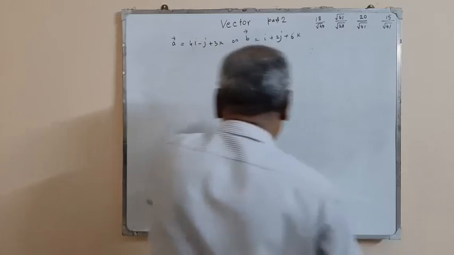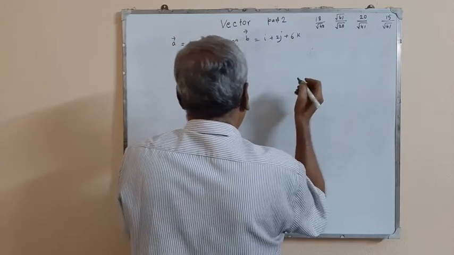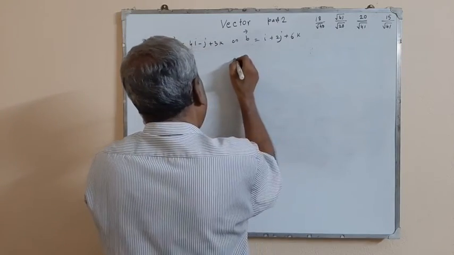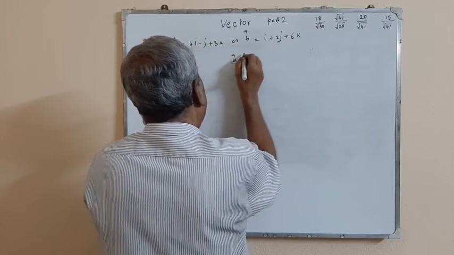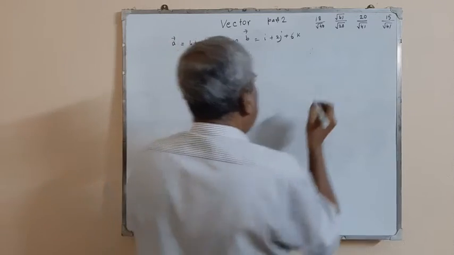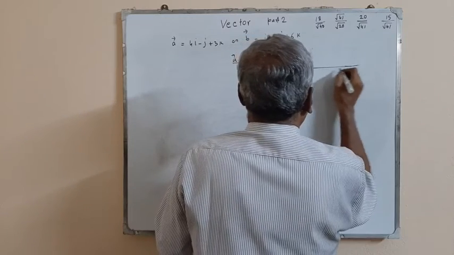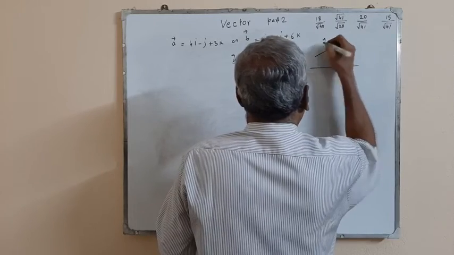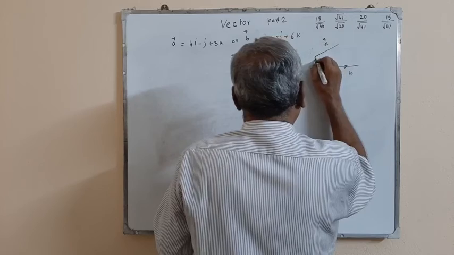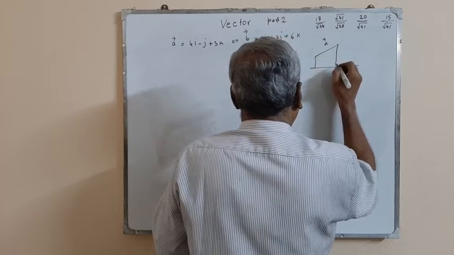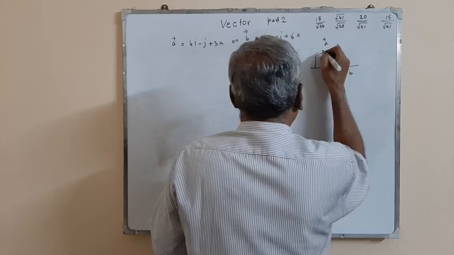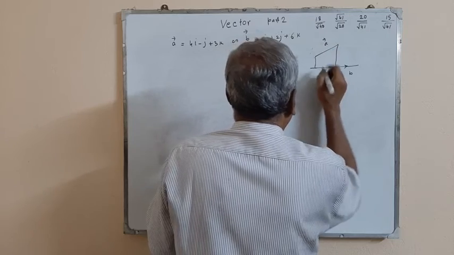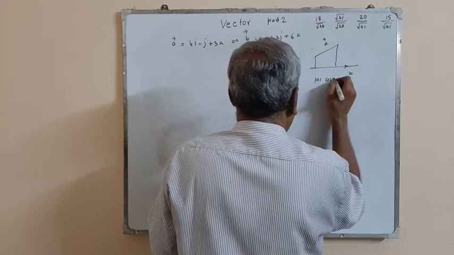We know that the projection of any vector A on vector B is simply A dot B by magnitude B. You see, say this vector is A and this is B. The projection means only that part. If the angle between A and B is theta, then it is magnitude A cos theta.